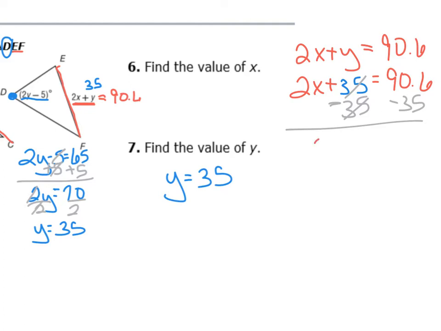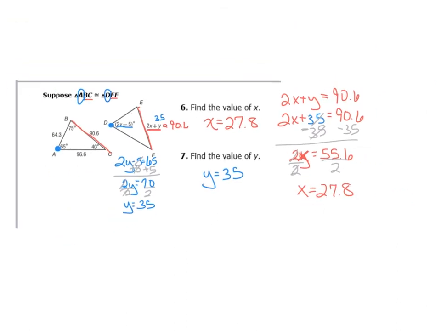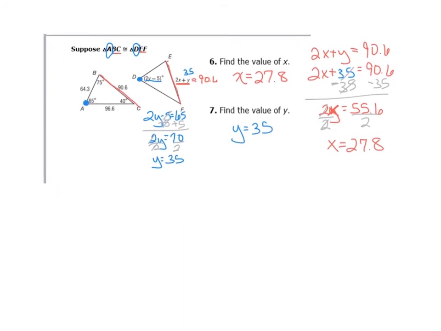When I do that, I'm left with 2x equals 90.6 minus 35, which is 55.6. I'm going to divide both sides by 2. Sorry, that's supposed to be an x right there. And I get x equals 27.8. So x equals 27.8. Okay, and just so we can kind of see the whole thing at one time.